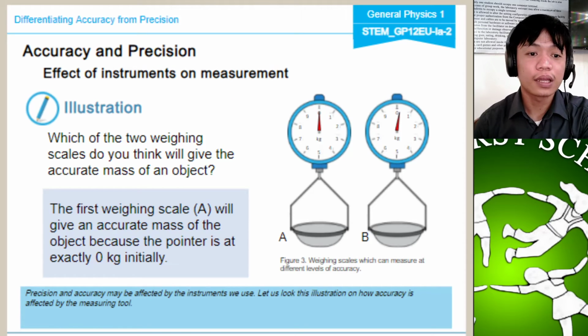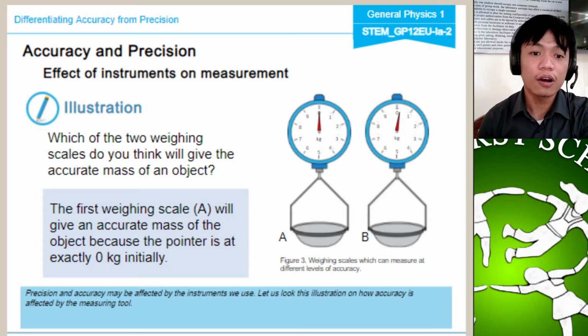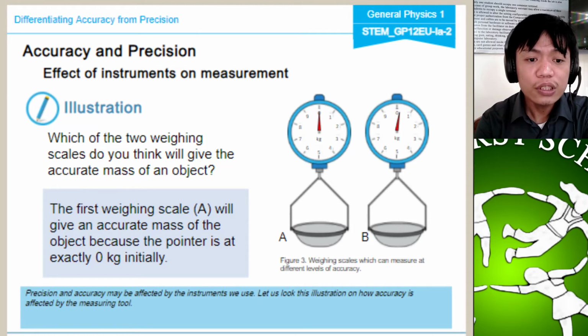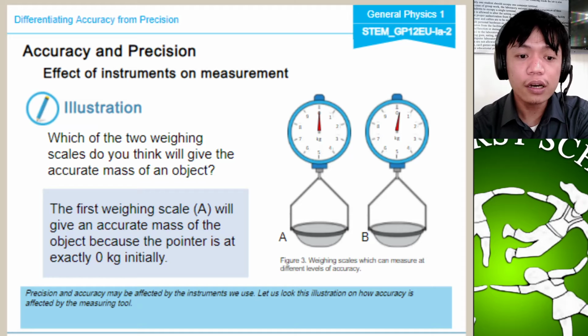Okay? Next. The accuracy and precision, effect of instrument in measurement. So, what do you think? Which of these two weighing scale do you think will give the accurate mass of an object? So, meron tayong 2 kiluhan dito. Okay.